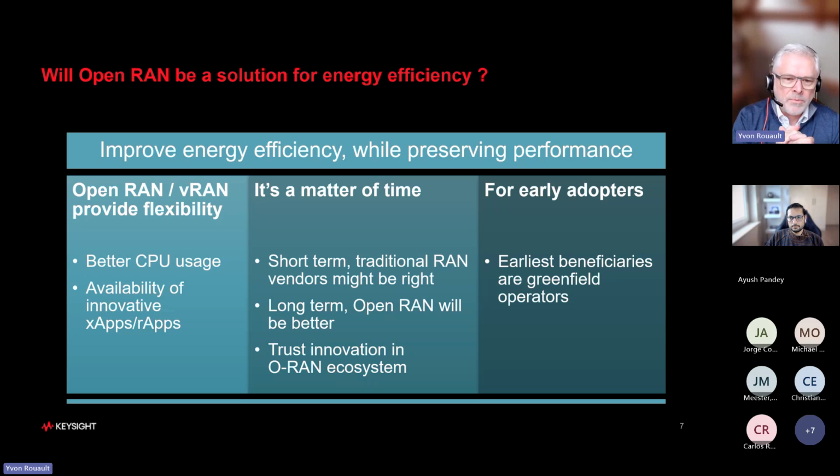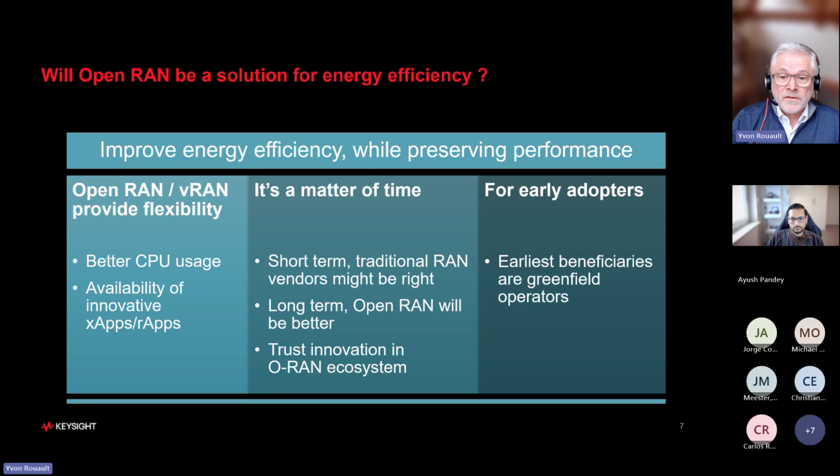It's not yet deployed, but there is lots of research by the vendors as well as by research centers, universities, or funded projects by different organizations like the European Union and in the US as well and the UK as well. So lots of things are happening there, and I will illustrate that with an example we were involved in. But xApps and rApps in the RIC can really make a difference in terms of energy consumption. So it's very important to consider that.